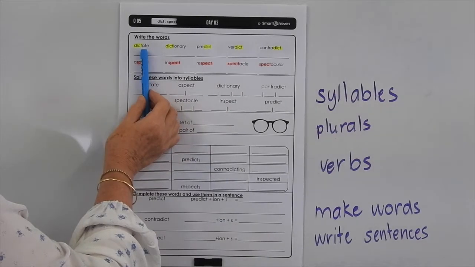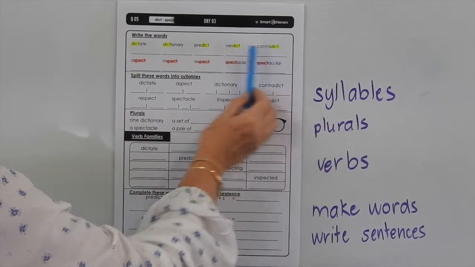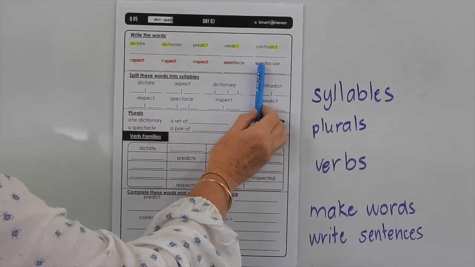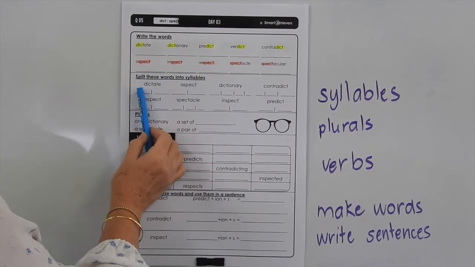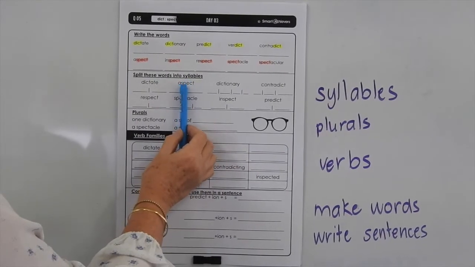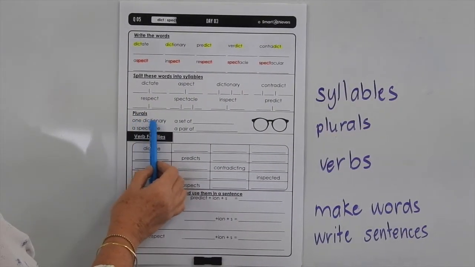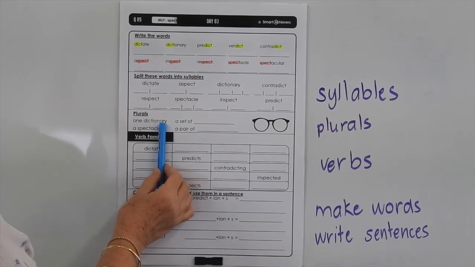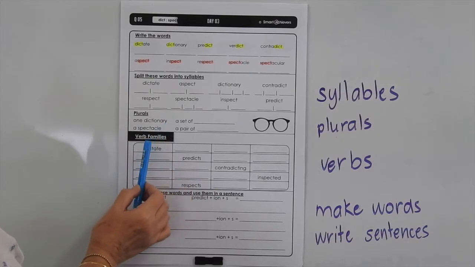Our words today are dictate, dictionary, predict, verdict, contradict, aspect, inspect, respect, spectacle and spectacular. Split these words into syllables, so you're going to work out how to break those words up. Then down here you've got plural form, so one dictionary, a set of dictionaries. Remember that if you have a consonant before the Y, you have to change the Y to an I before you add the plural form.